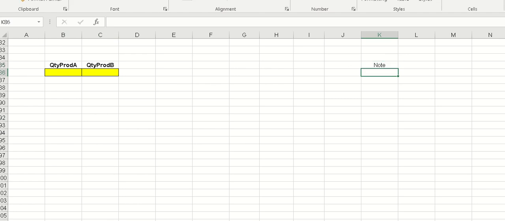So that's B86 and C86. These are the two very important cells. So cells, cell location, cell references.